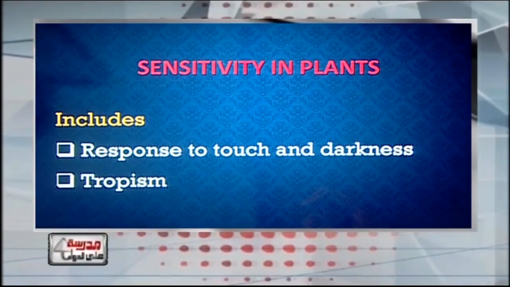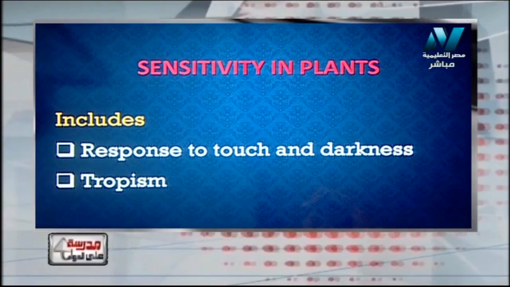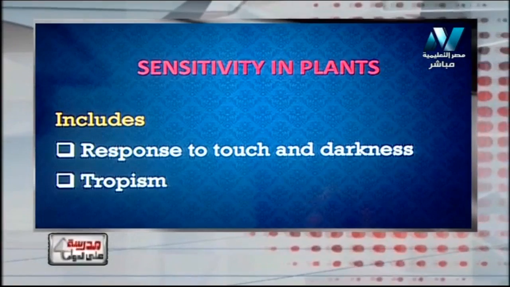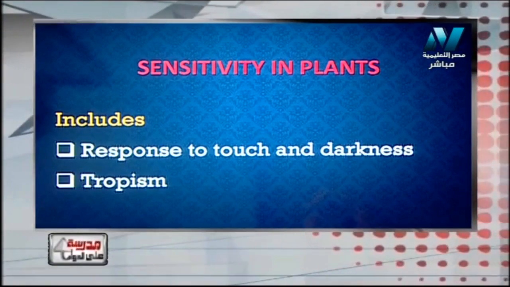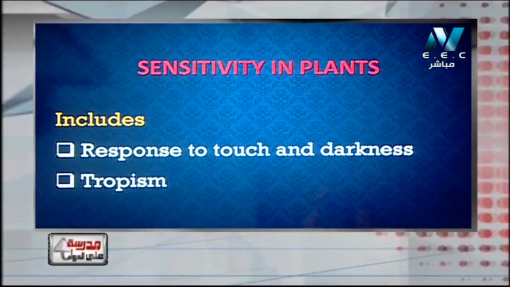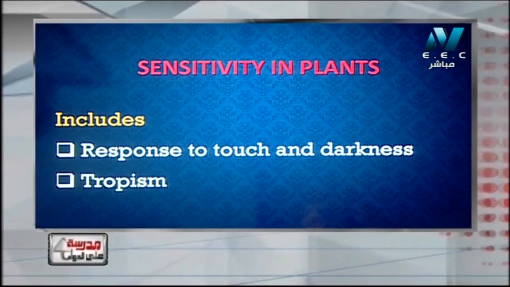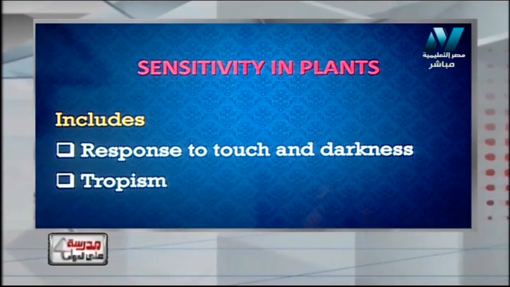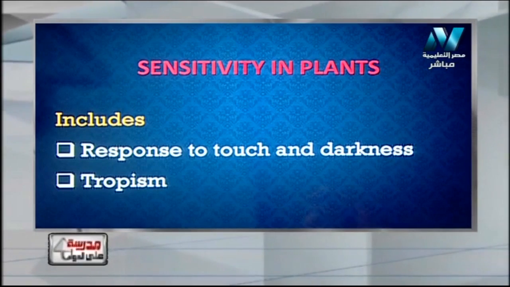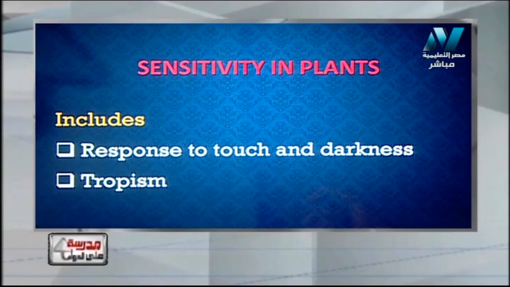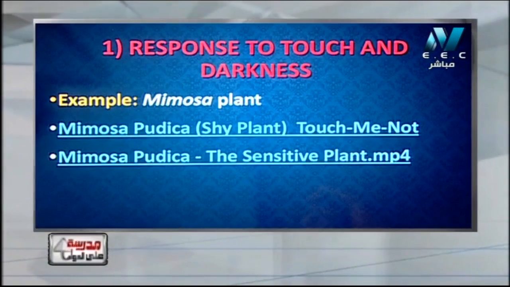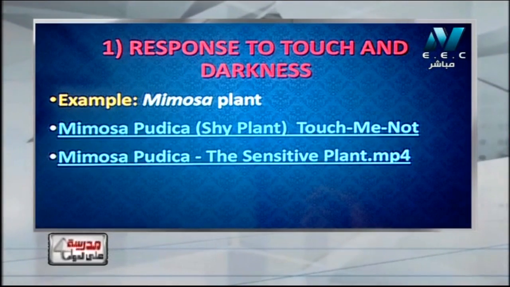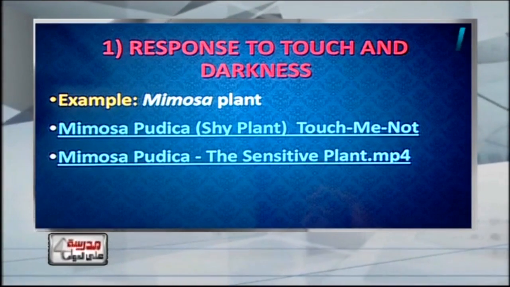Sensitivity in plants includes response to touch and darkness, and tropism. And these are the obvious responses for the plants that we can notice easily and study easily. We start by response to touch and darkness.